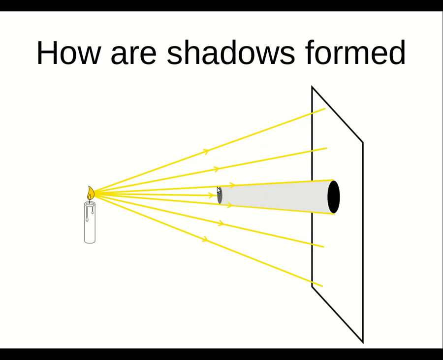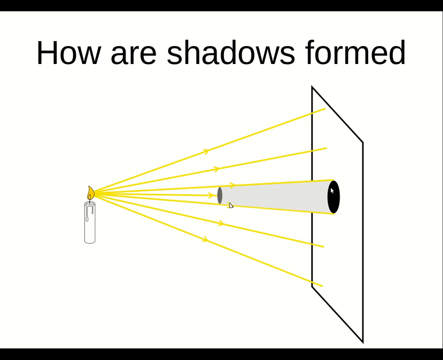So we've got an object here which is an opaque object, maybe a piece of cardboard, which is blocking the rays of light. The rays of light can't pass through the opaque object. So rays of light which are passing the edge of the object here hit the cardboard, and all the ones above it hit the cardboard, and similarly rays of light here hit the cardboard, and all the ones below it hit the cardboard, but the ones in between those can't get through, and so there's a black area or a darker area here where none of the rays of light can pass through, and the shadow is formed.